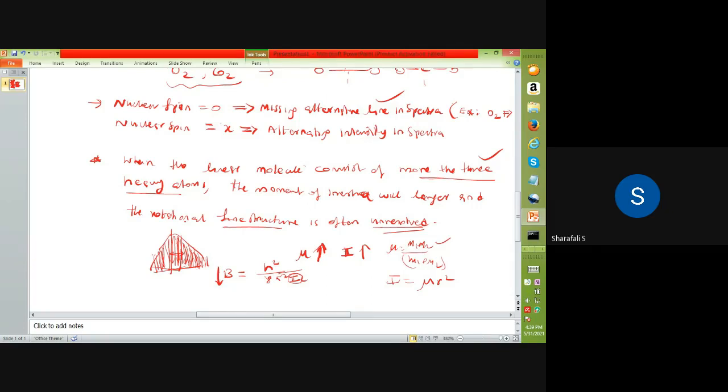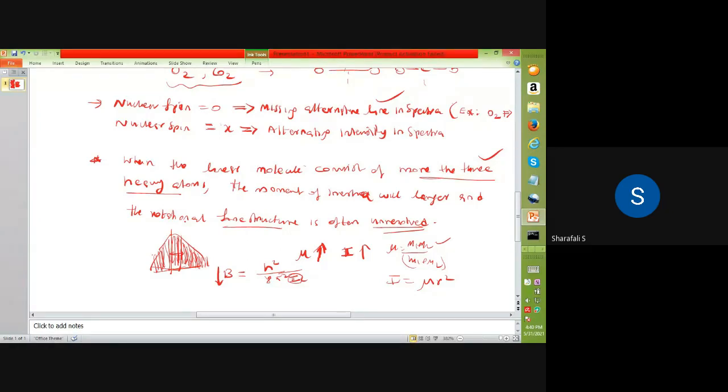But we can often get different information as compared to IR and microwave spectroscopy. As we discussed earlier, we can also treat homonuclear molecules, which is not possible in IR and microwave spectroscopy. That kind of advantage is also there.